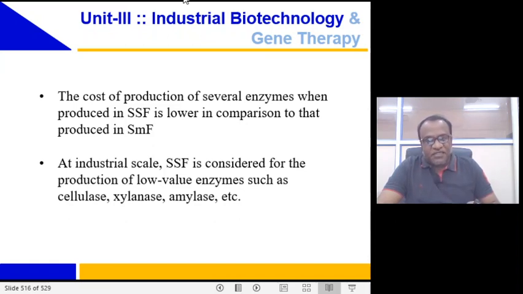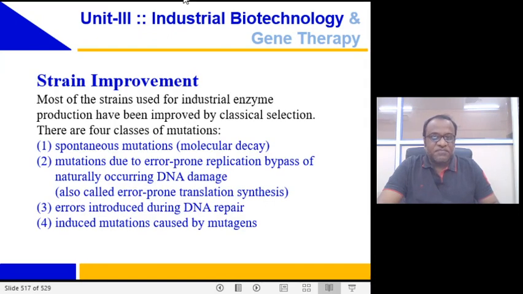So at industrial scale, solid substrate fermentation is considered for the production of low value enzymes, that means those which do not have much pharmaceutical significance, such as cellulase, xylanase, amylase, etc.